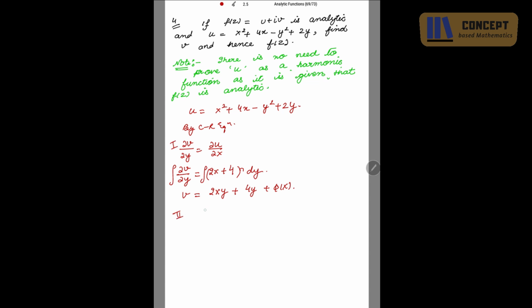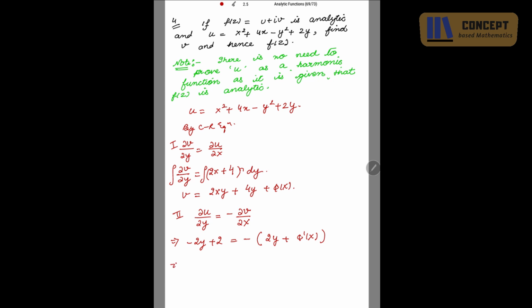Now the second CR equation, del u over del y is equal to minus del v over del x. What is del u over del y? This is minus 2y plus 2, minus, what is del v over del x? We differentiate this, that is 2y plus phi dash x.